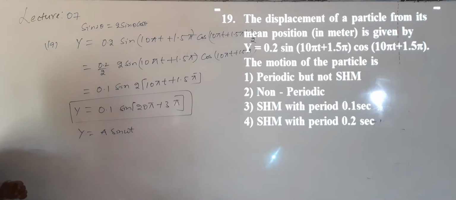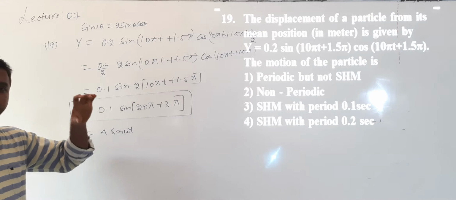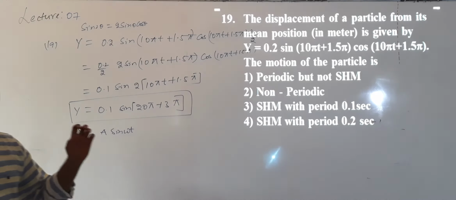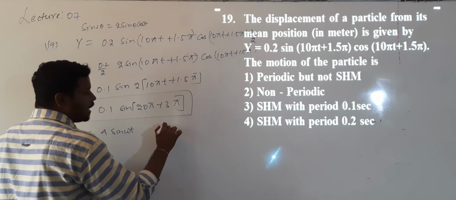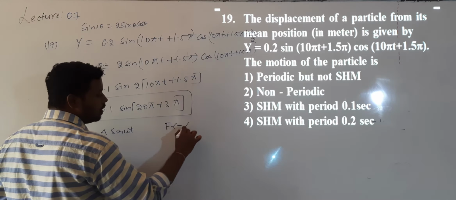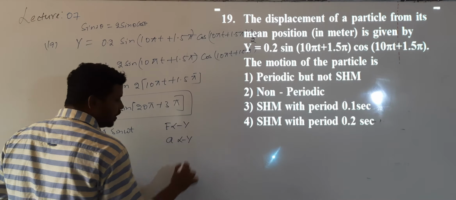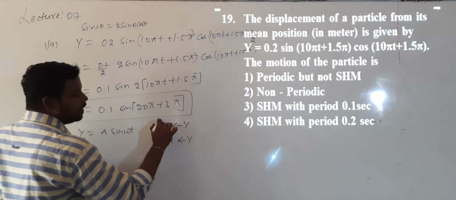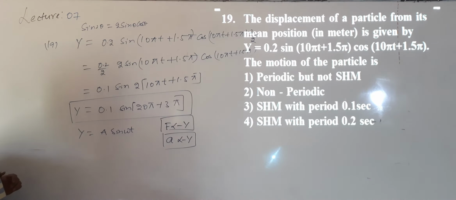Always remember, for a displacement equation to represent SHM, the condition is force directly proportional to displacement, or acceleration directly proportional to displacement. If this condition is valid, then you can say that the oscillatory motion is simple harmonic motion.